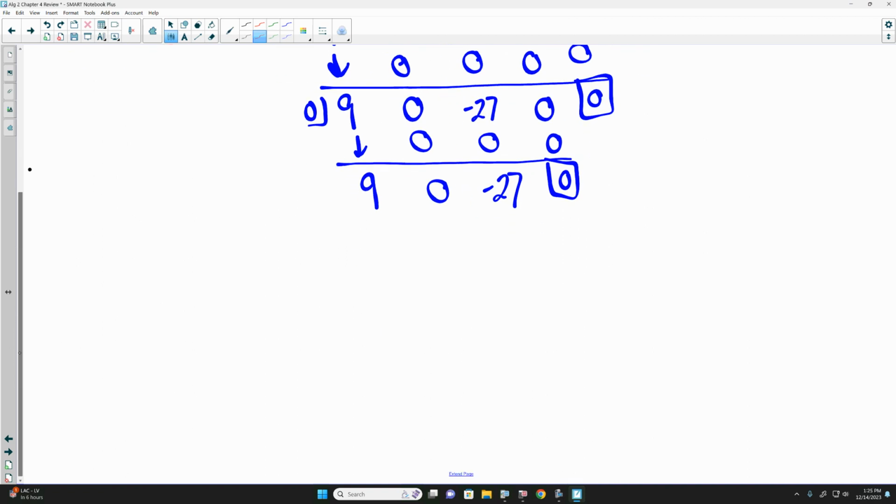So instead of trying to plug the original one in, let's plug what we have. Because this is the remainder, negative 27 is the constant, x squared. So really what we have at the moment is 9x squared minus 27, plus negative 27 is the same thing. But we can graph it.